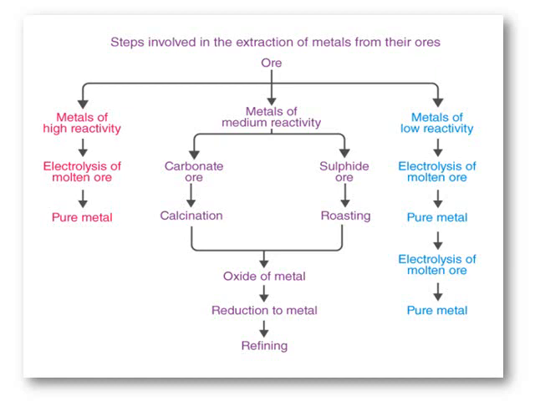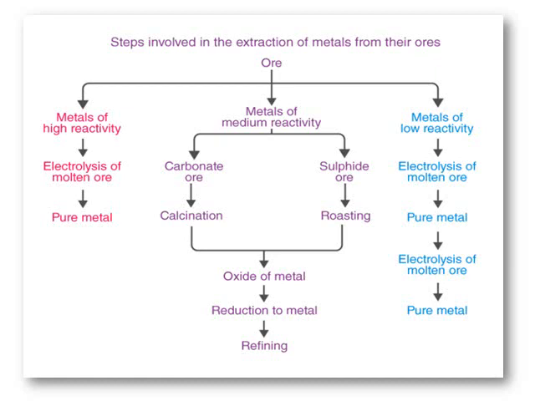Yes, children, look into this slide. This slide gives you the flow chart of the process involved in the extraction of metals from its ore. The ores can be divided into three: metals of high reactivity, metals of medium reactivity, and metals of low reactivity. You can infer this from the reactivity series.